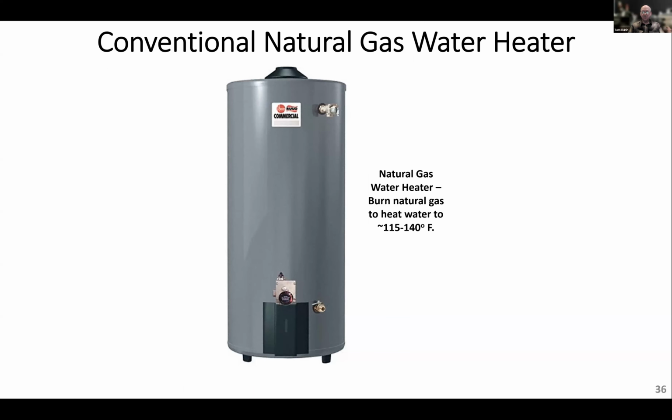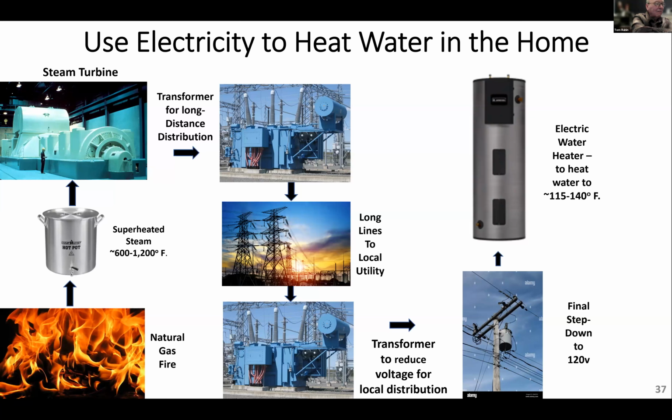An energy transfer from chemical to heat, and from heat to heat the water. Now, the alternative is a little bit more complicated. And since natural gas is still the highest used for electric generation, we start with burning natural gas.